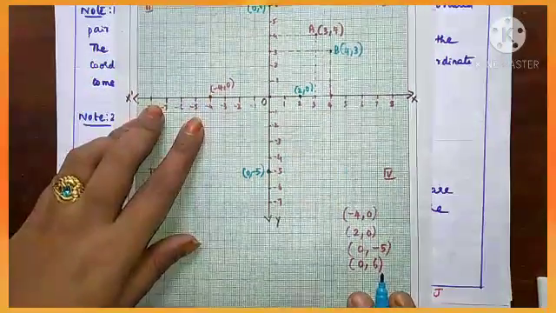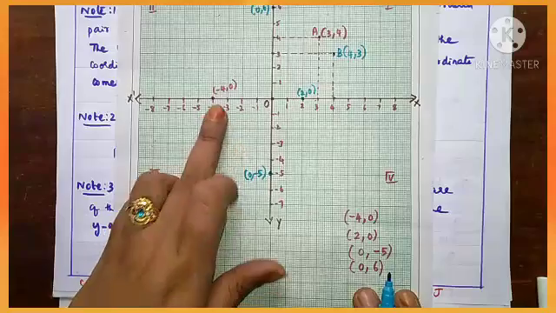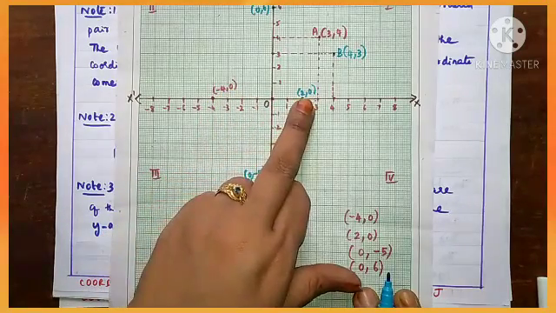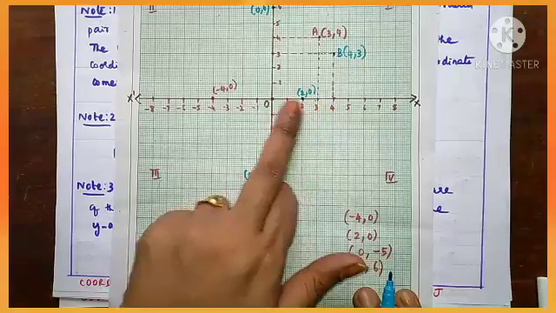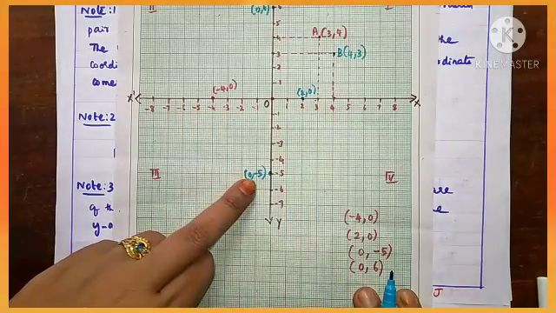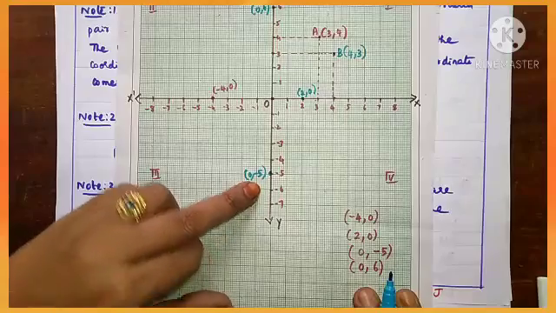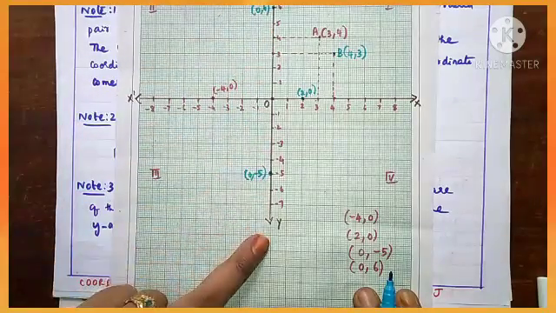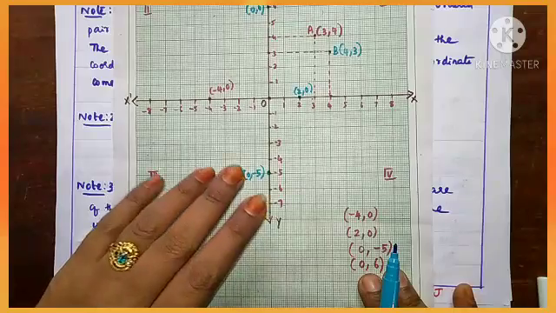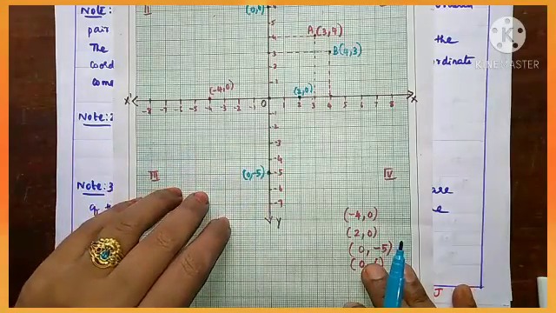So understood, children? That is why it is said, if the x coordinate is there and y is 0, then that point lies on the x-axis, and if the x coordinate is 0 and y is there, that point lies on the y-axis. So I think all of you understood how to determine the coordinates.